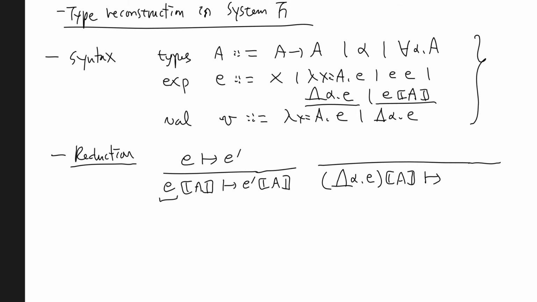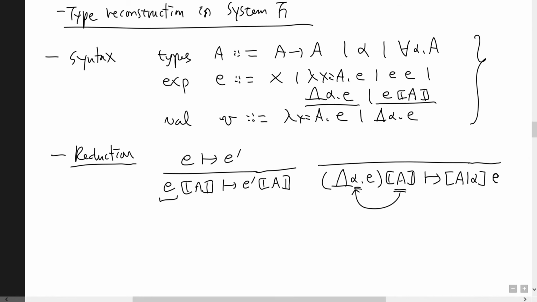So we substitute this concrete type A for this type variable alpha. So now we have A for alpha in expression E. Notice that this substitution, A for alpha, is applied to every part of this expression E. This is a type, this is the expression.